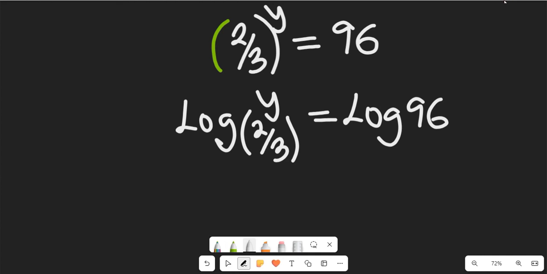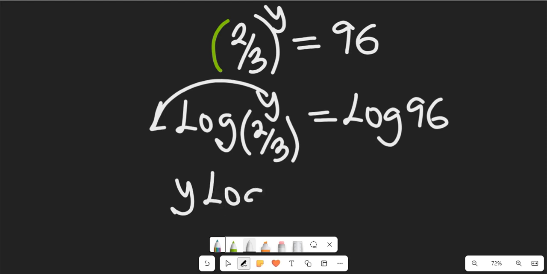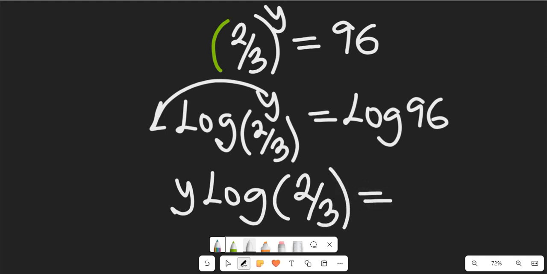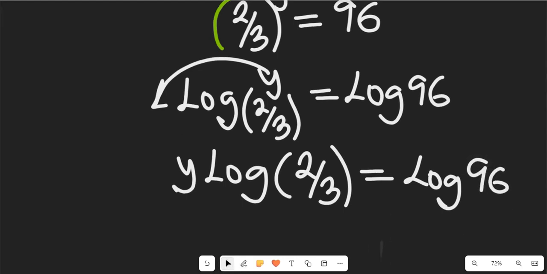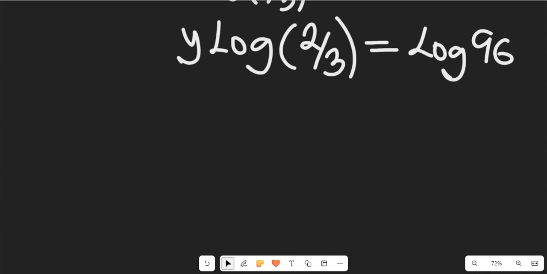So according to the law of logarithm, this y will come over here, and that will make this become y log of 2 divided by 3 equal to log of 96. So what do we have here? We have this to be equal to this.